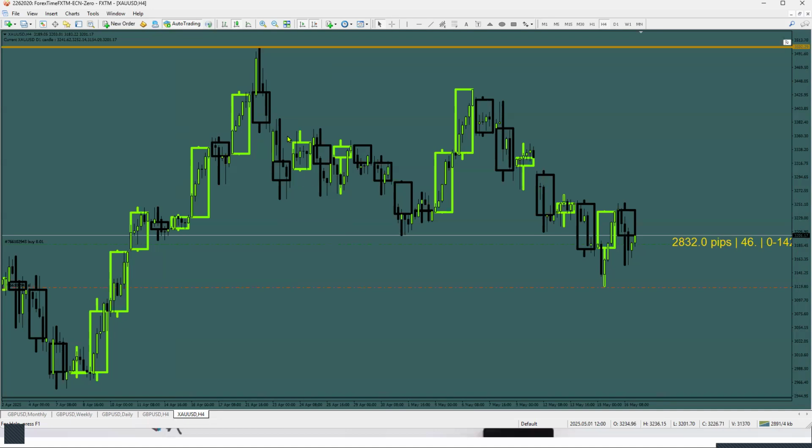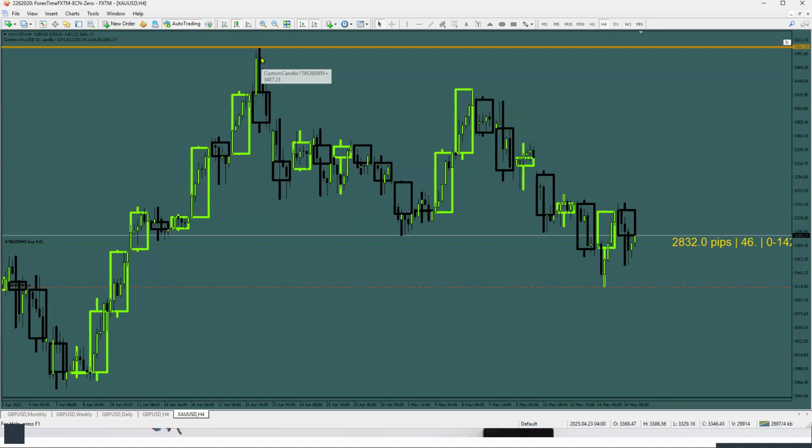Now you will see that even though the daily has not created maybe 2 candles to the left, 2 candles to the right, you can see that the 4 hour has done multiple 2 candles to the left, 2 candles to the right.